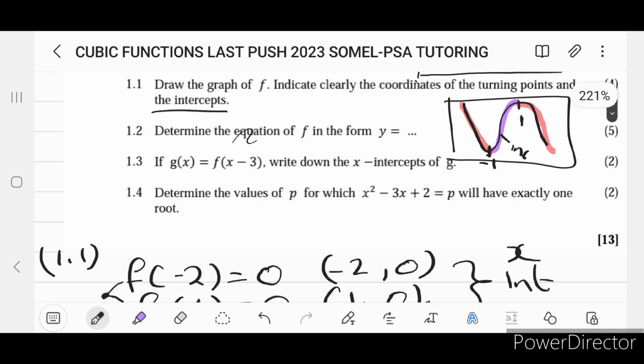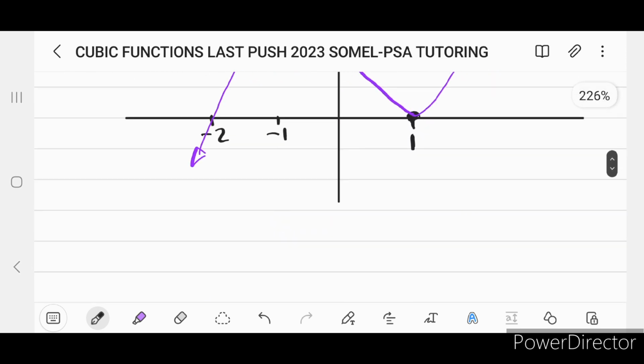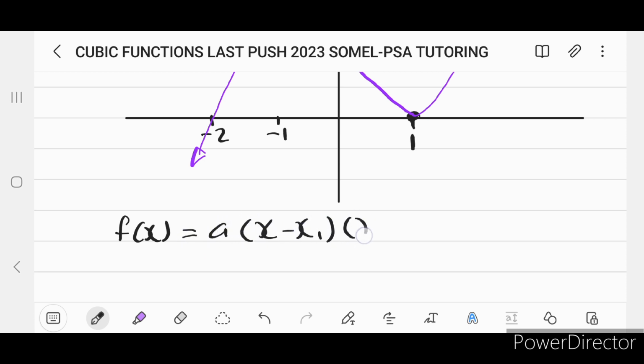Then they say determine the equation of f. So the equation of f, we have f of x, because I have all the intercepts. I'm going to use this formula: x minus x1, x minus x2, and x minus x3.